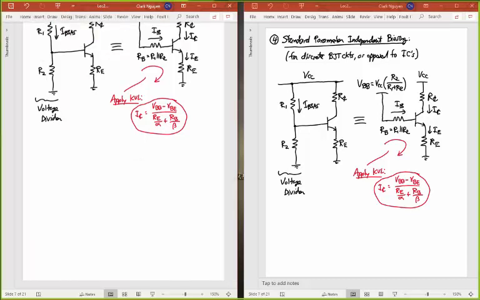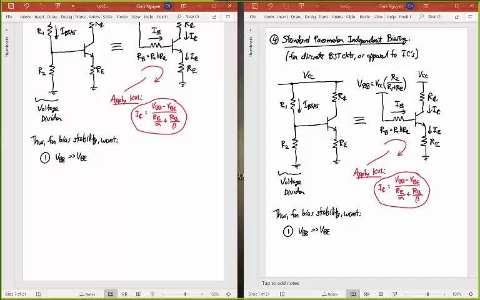And so let me just write out, thus for bias stability, we want the following. 1, we want this VBB voltage, which is that voltage divider output voltage, to be much greater than VBE.